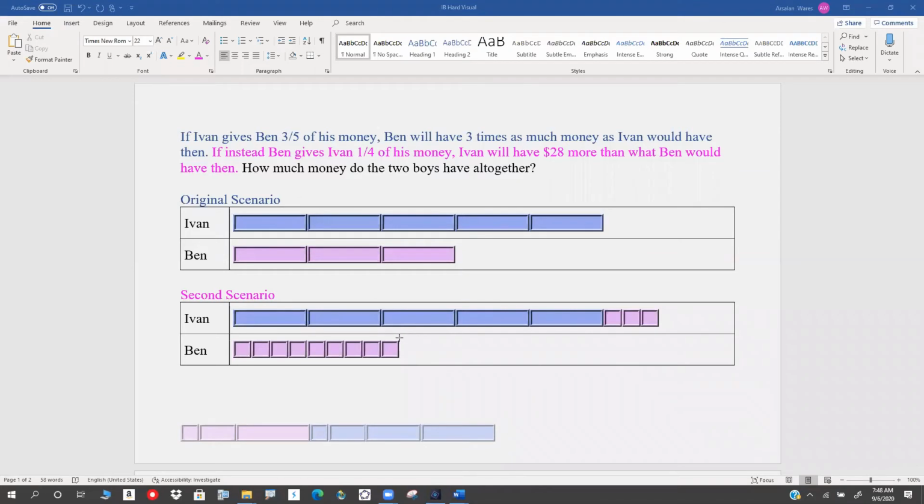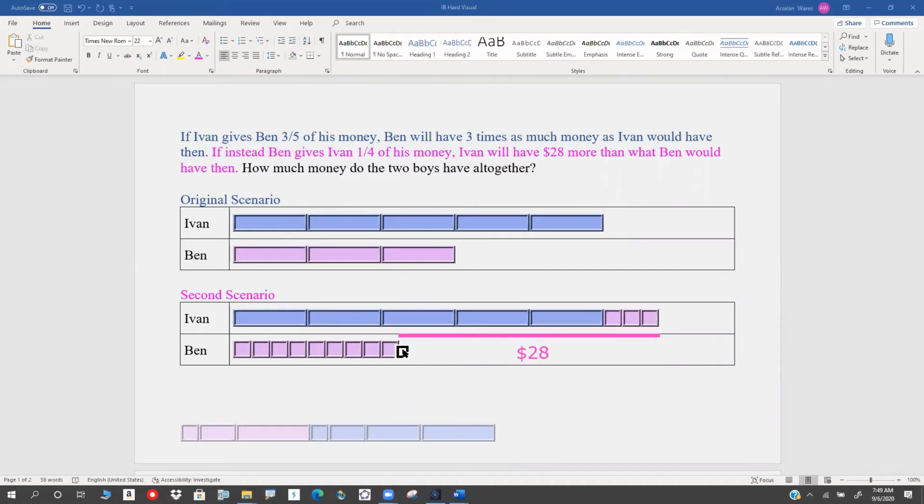This has to represent $28. This has to be $28. Because he has this many units more. Ivan has this many units more, and I'll tell you what I mean by this many.